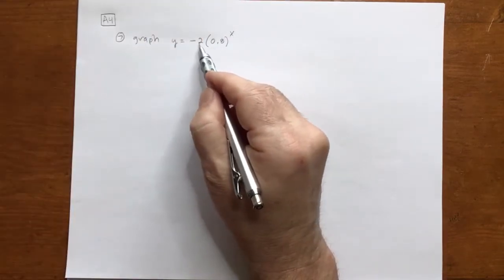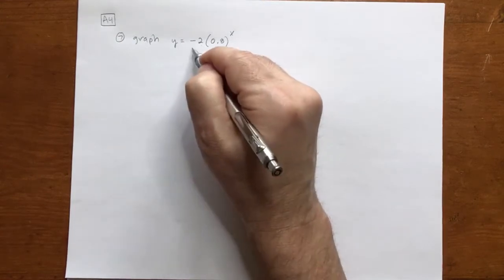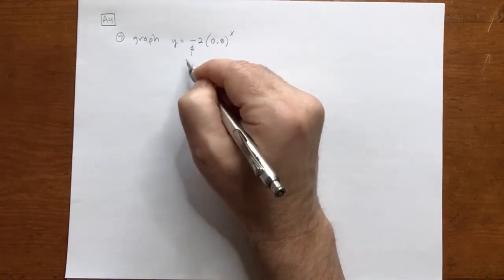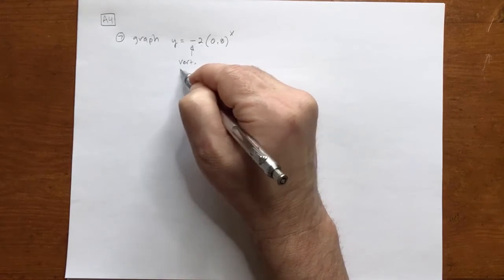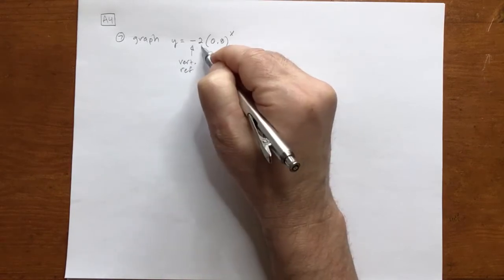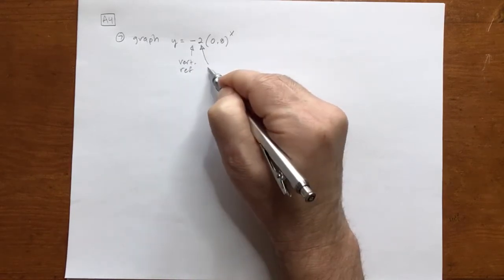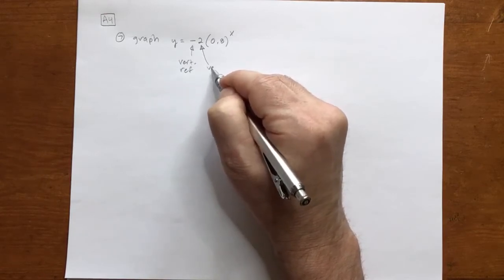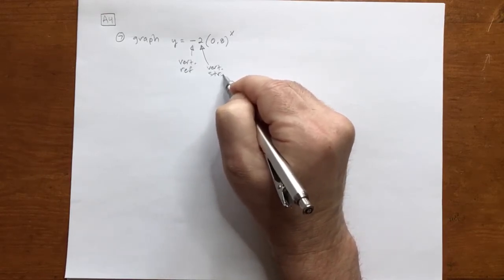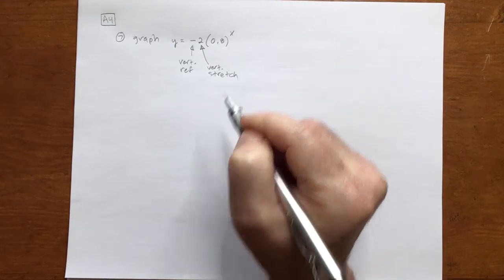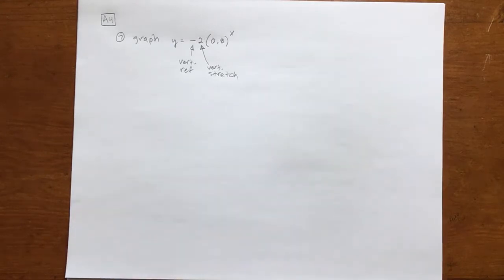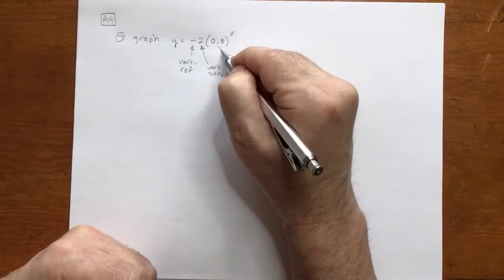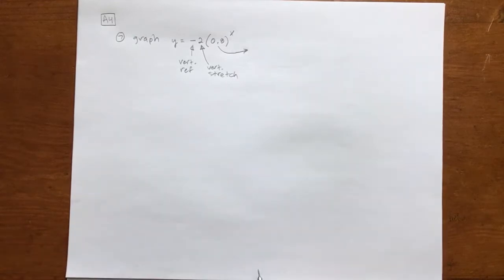These are transformations. The negative, since it's on the outside, would be a vertical reflection. The 2 is multiplied on the outside, so this must be a vertical stretch. Before I graph it, I want to ask myself, is this going to be growth or decay?